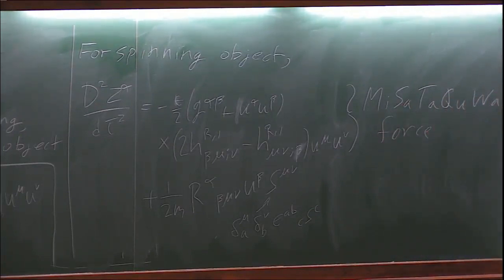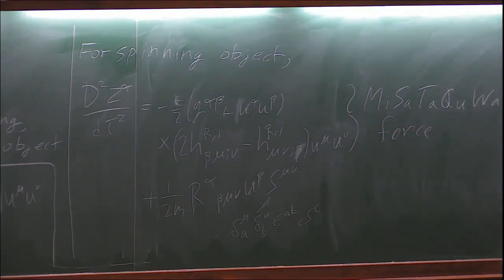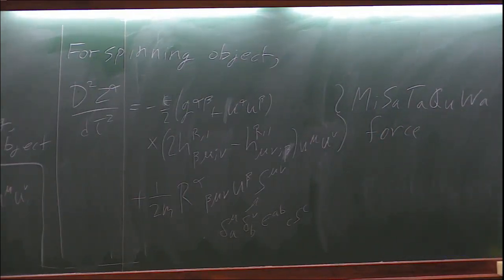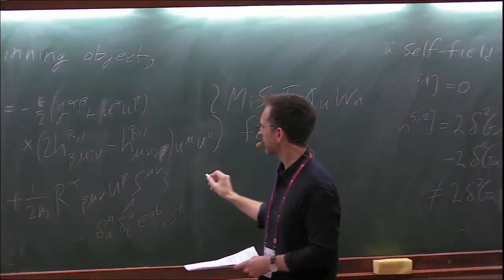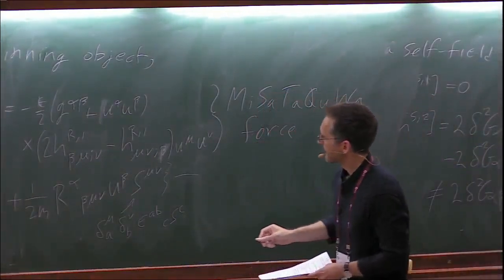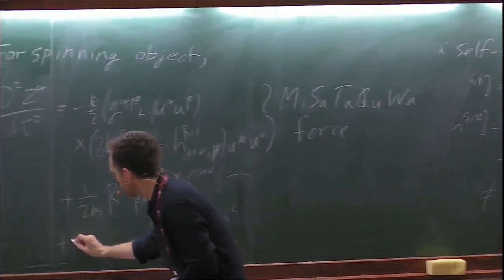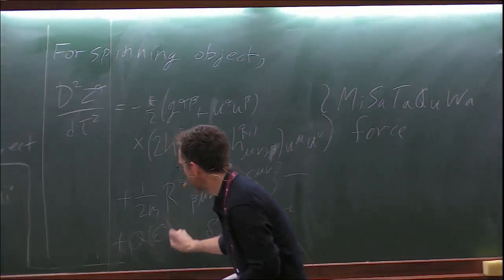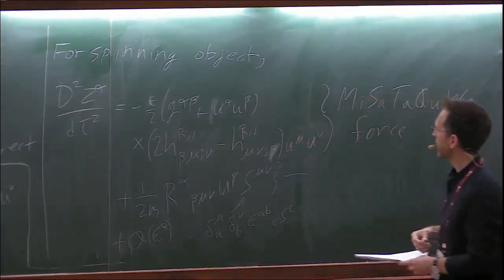It was derived by Mino, Sasaki, Tanaka in 1996, and using a totally independent, different method by Quinn and Wald a few months later. This term here, I guess I should make clear that there's an overall order epsilon squared missing, so this is lower order than that.